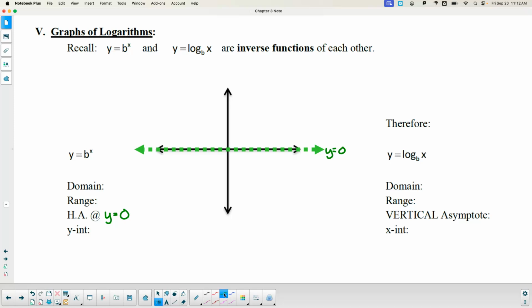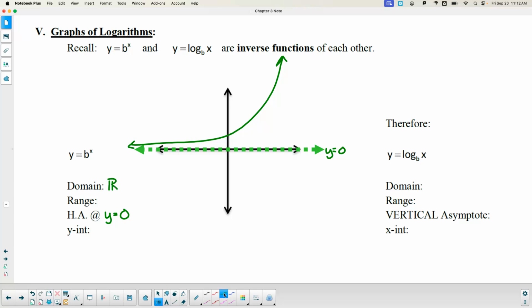I've got a function that is growing much like this. The domain is all real numbers, because any x I can put into that function.